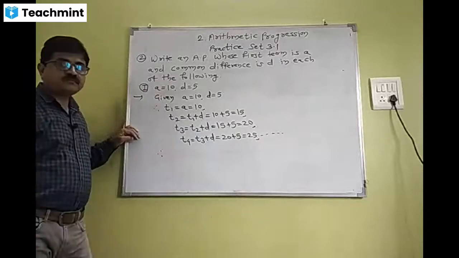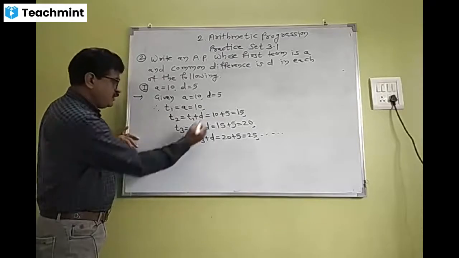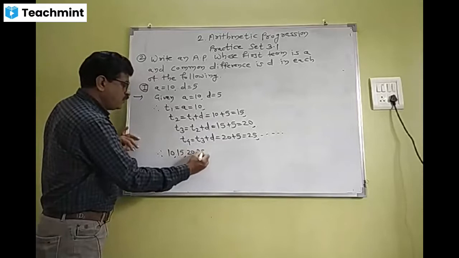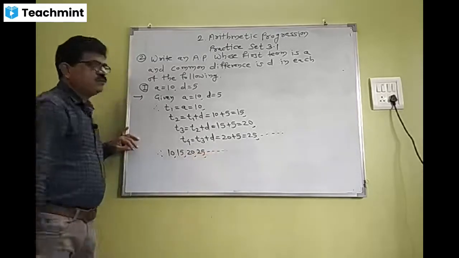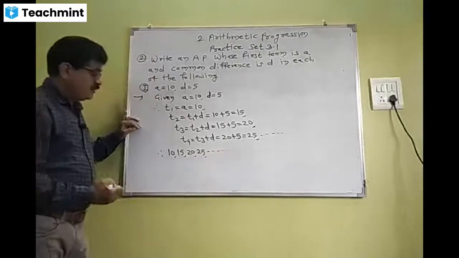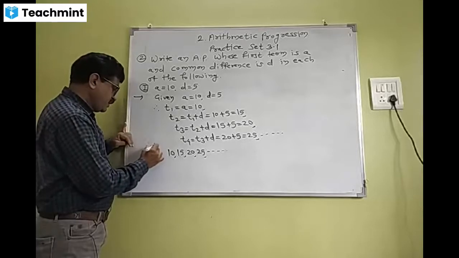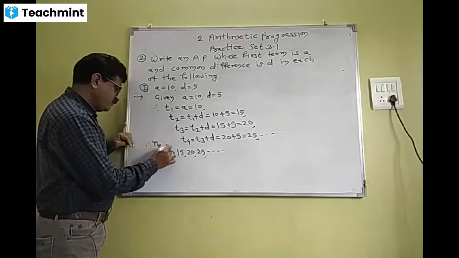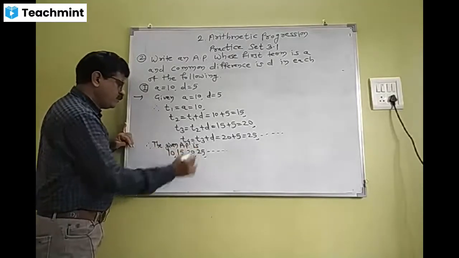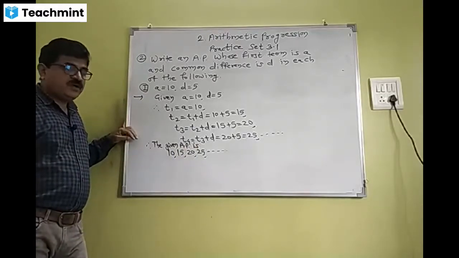Therefore, here first term is 10, second 15, third 20, fourth 25 and so on is an AP. एक मिनिट, आपल्याला काय काढायचं होतं? गिवन AP काढायचं होतं. Therefore, the given AP is 10, 15, 20, 25 and so on.